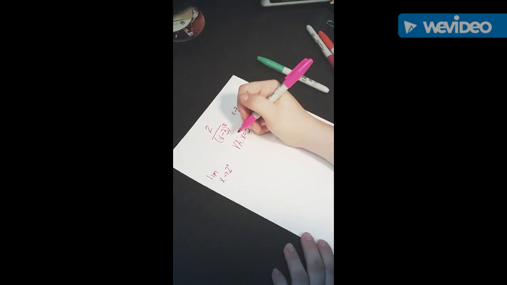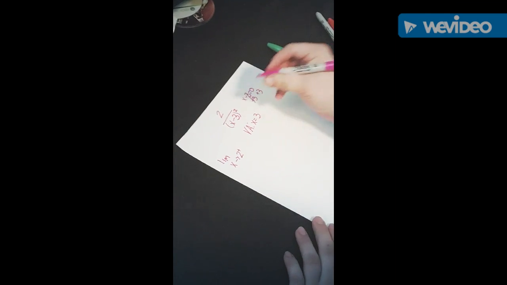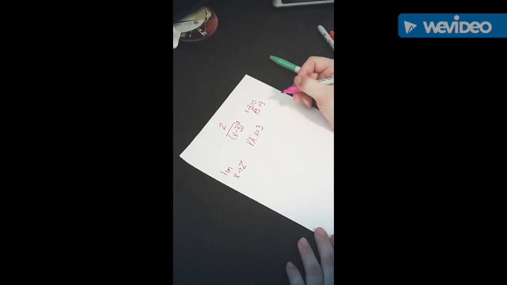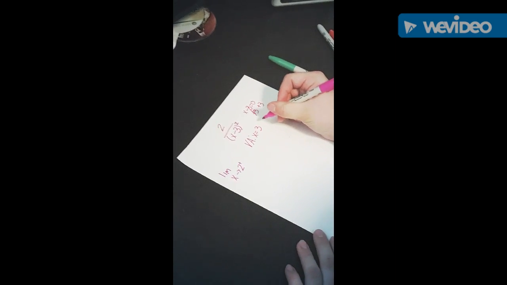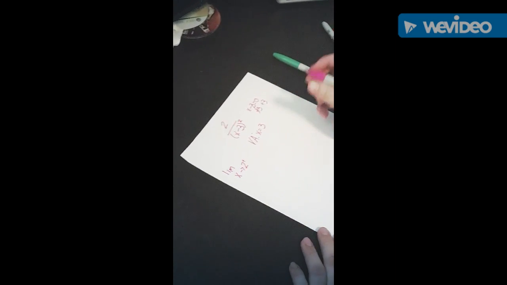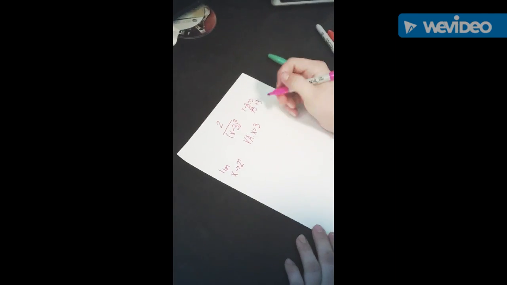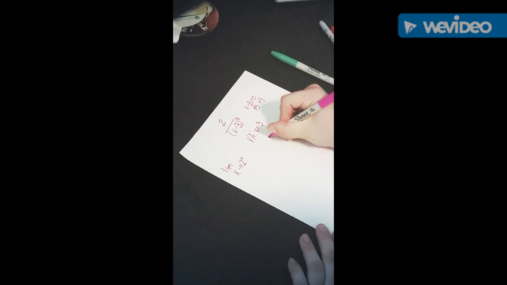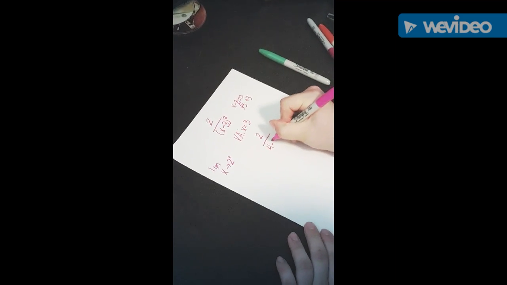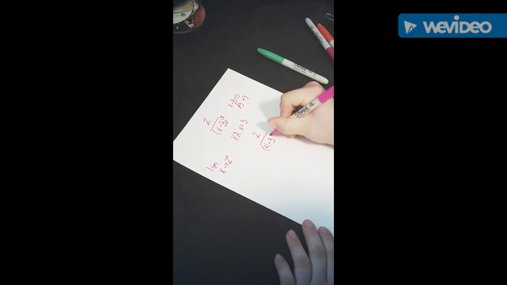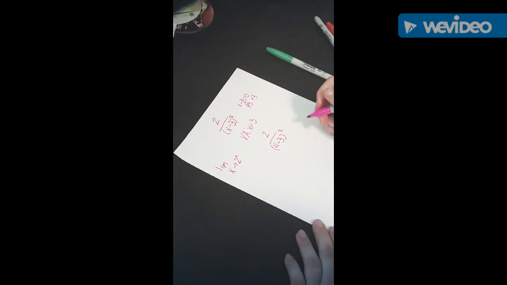So our next step is, because you're coming from the right, you need to pick a number that is greater than 3. So we're just going to choose 4. So it would be 2 over 4 minus 3 squared.